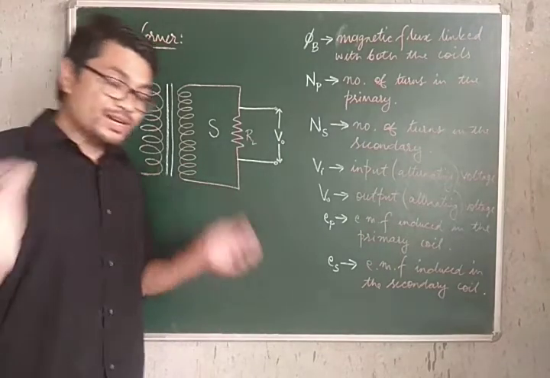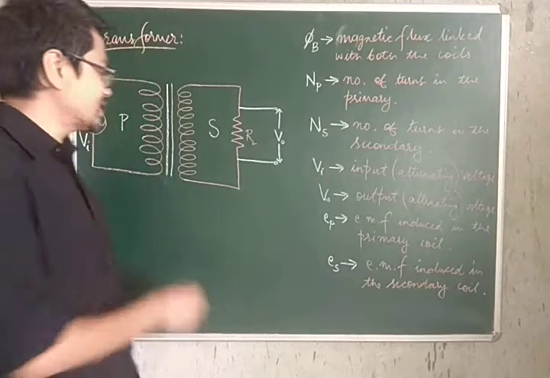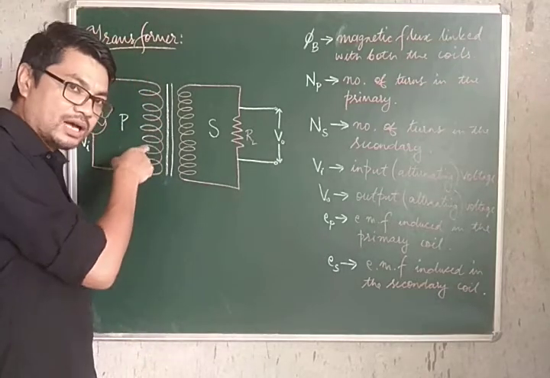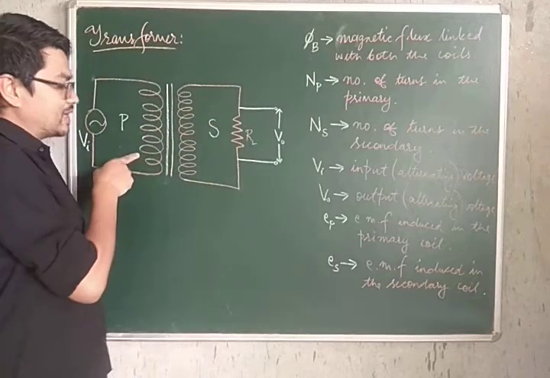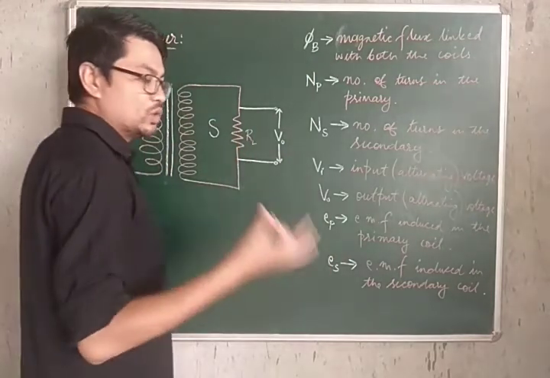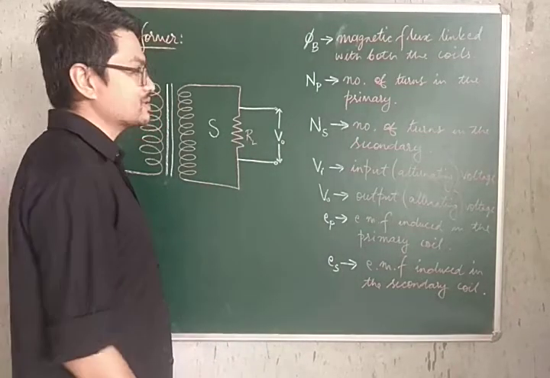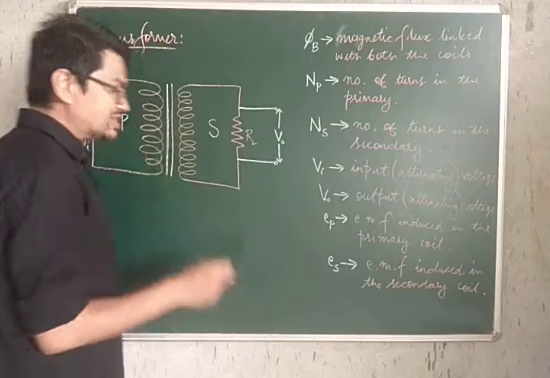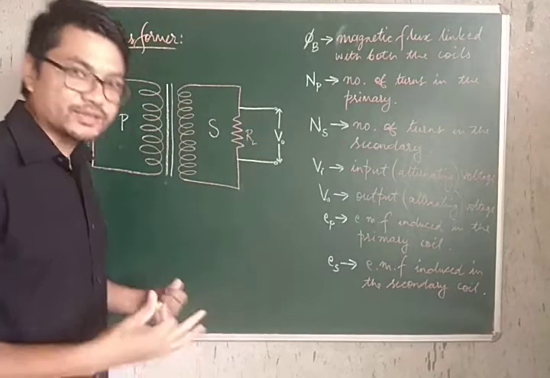Now if we assume that there is no loss of energy whatsoever, that is, no loss of magnetic flux, then if phi B be the magnetic flux linked with each turn of the primary, phi B will also be the magnetic flux linked with each turn of the secondary coil.